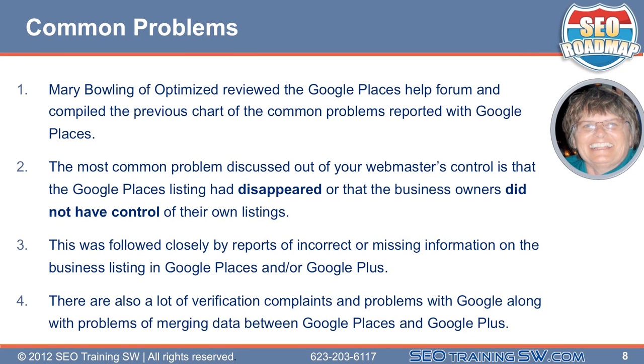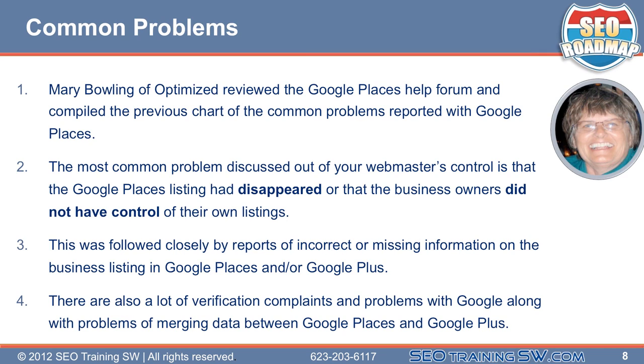Now, that last screen I showed you on the common problems didn't come from me. It came from Mary Bowling of Optimized, who is involved in the Google Places Help Forum. And she compiled the previous chart from basically problems that were reported with Google Places onto Google's Help Forum.